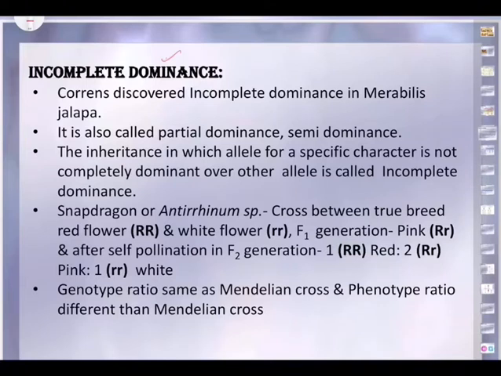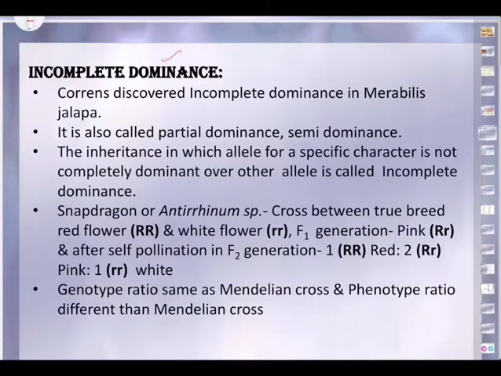Back cross is a cross of F1 hybrid with either of the two homozygous parents, either T or small t. That is known as back cross. When F1 offspring are crossed with the dominant parent, all the F2 offspring develop the dominant character.